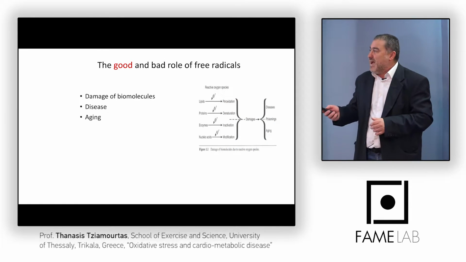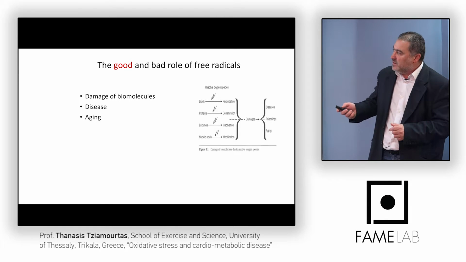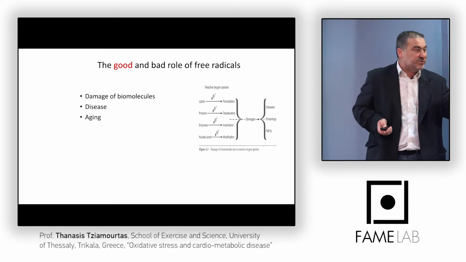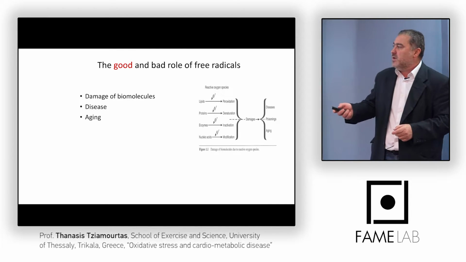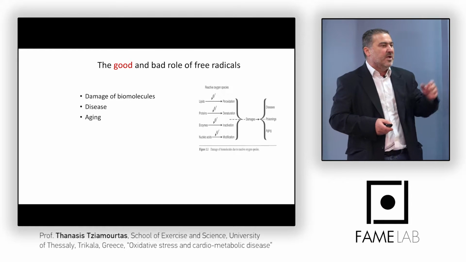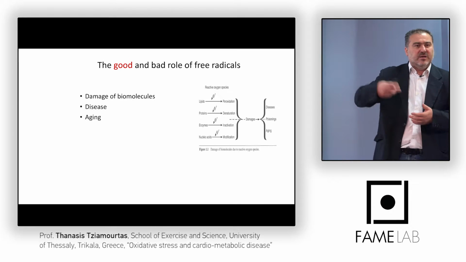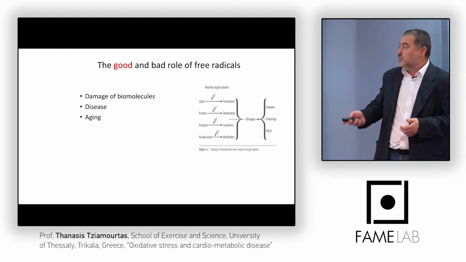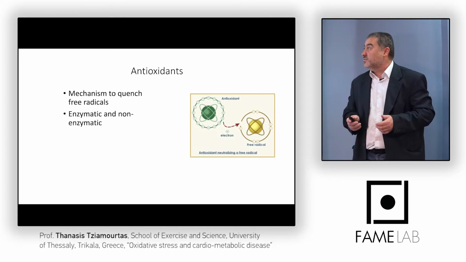So the bad role, though, of free radicals is that they can damage biomolecules, they can lead to diseases, as we're going to talk about cardiovascular diseases later on. And finally, there is a theory of aging that connects free radicals with the destruction of our body, that at the end of the day, we're going to eventually die due to this fact, meaning higher formation of free radicals.